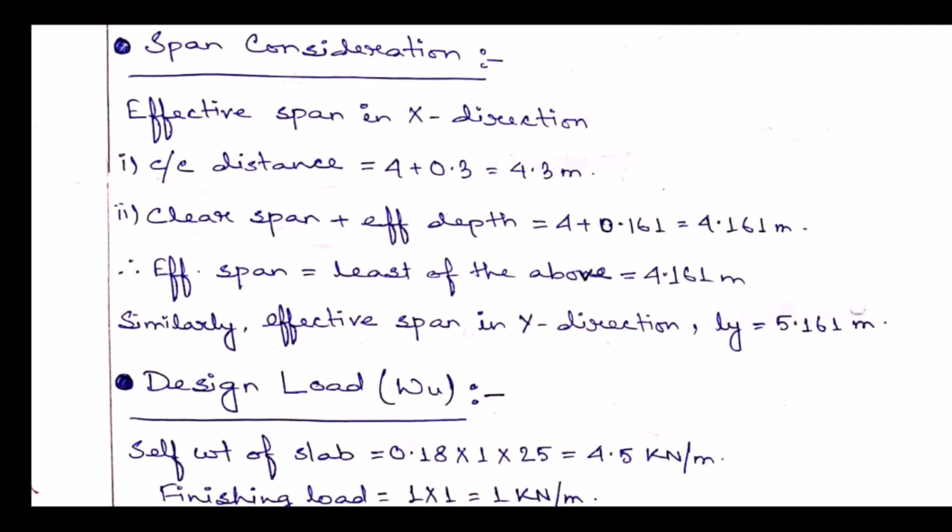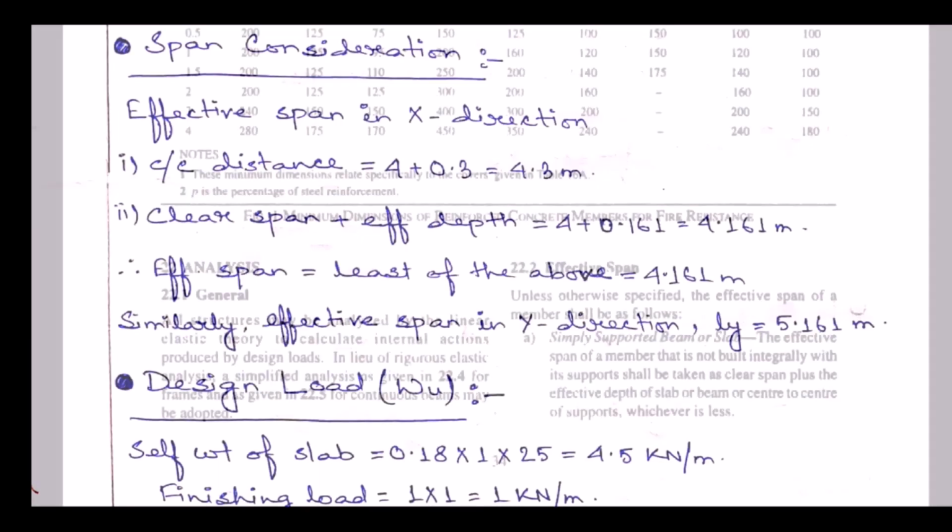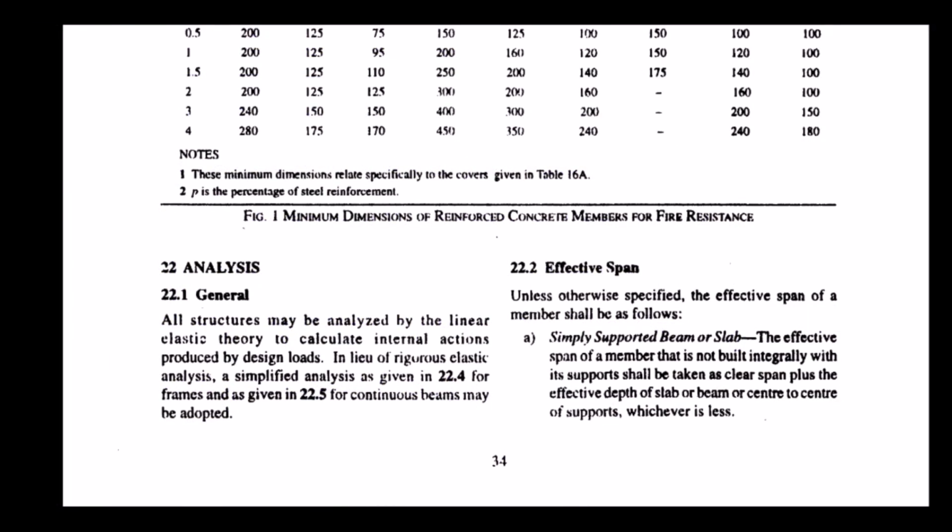As two spans of two-way slab are in consideration, so we have to find out effective span in x direction as well as in y direction also. But we have to consider effective span as per clause number 22.2 of IS 456 2000.